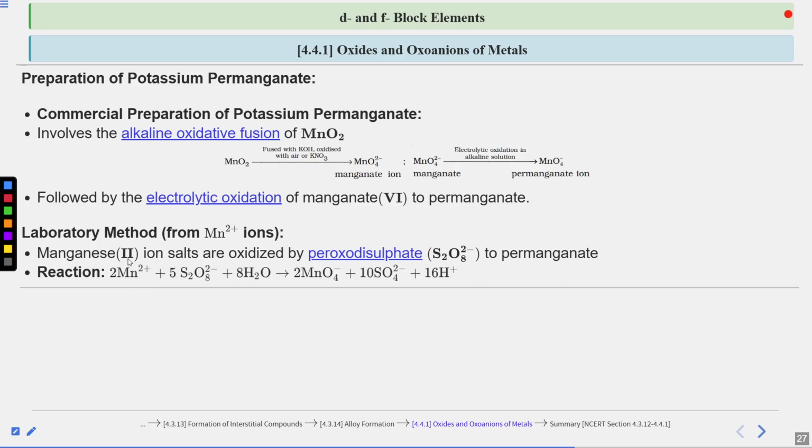The reaction includes 2 Mn2 positive plus 5 S2O8 2 negative plus 8 water molecules, converting to 2 MnO4 negative permanganate plus 10 SO4 2 negative plus 16 protons. This is how you can get permanganate from manganese 2 positive ions by oxidizing them using the peroxodisulfate ions.